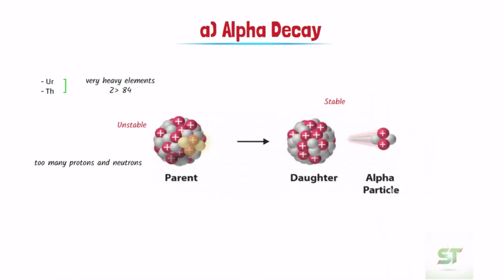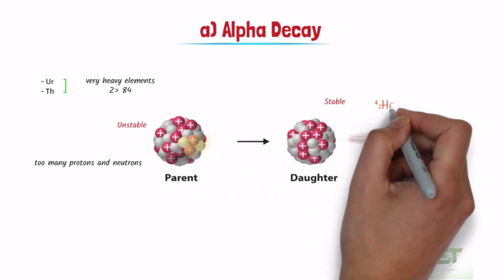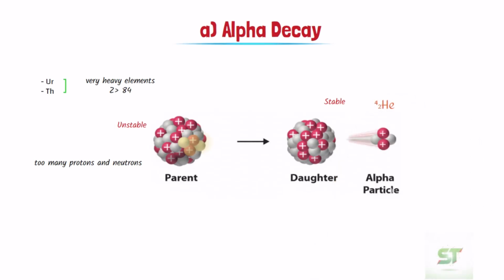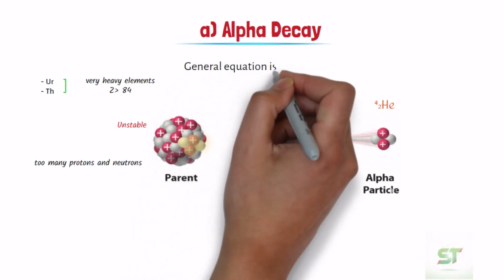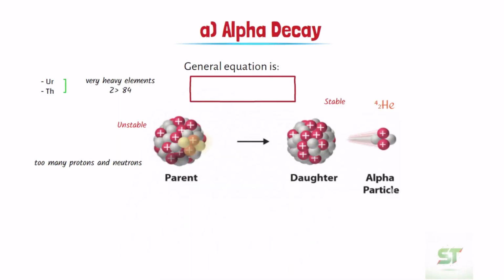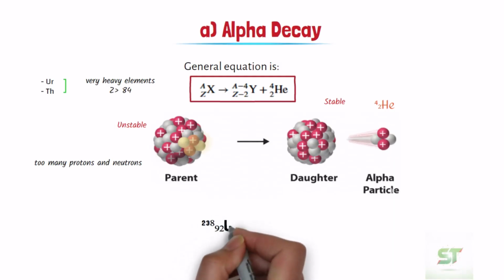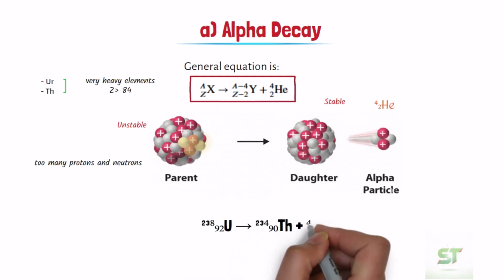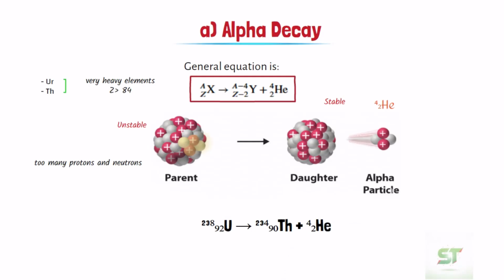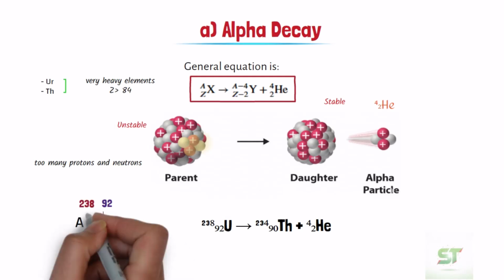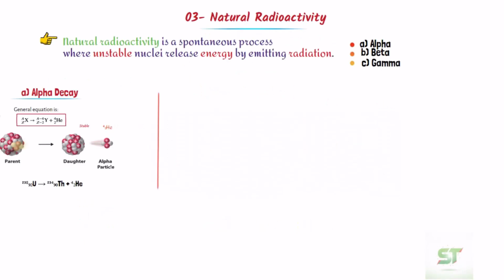To become stable, they emit an alpha particle, which is a helium nucleus, He, A equals 4 and Z equals 2. The general equation is X with A and Z gives Y, emitting an alpha particle. For example, uranium can emit an alpha particle and produce thorium. This emission decreases the atomic number by 2 and the mass number by 4, producing a new element.